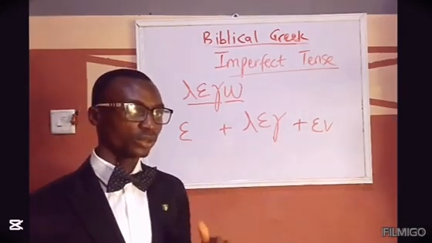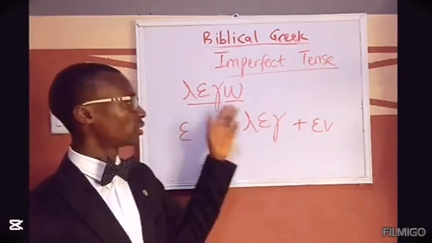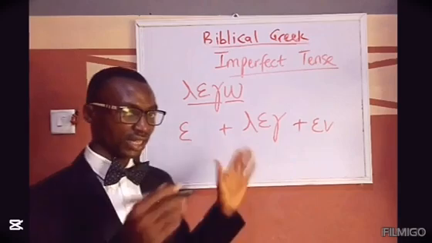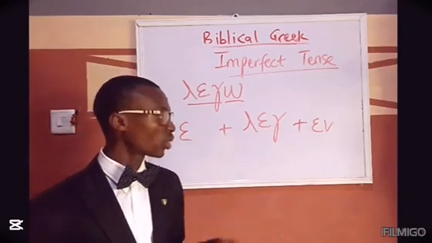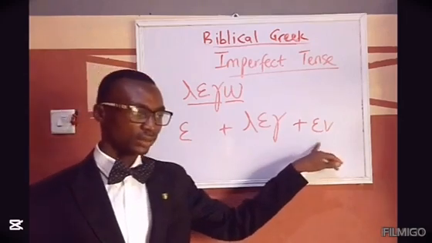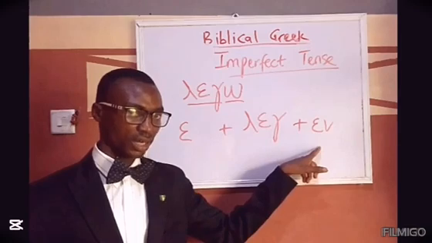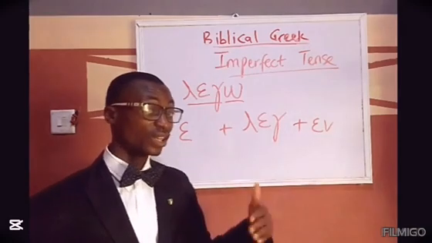So it has to be attached with an ending. That's why we have it this way, leg. Then this is the ending for third person singular, that's en. So that's he or she or it.